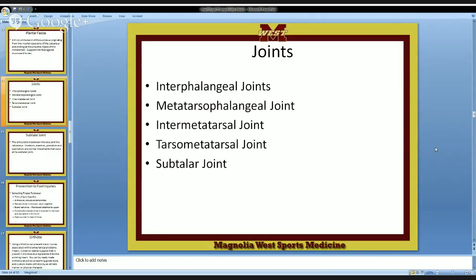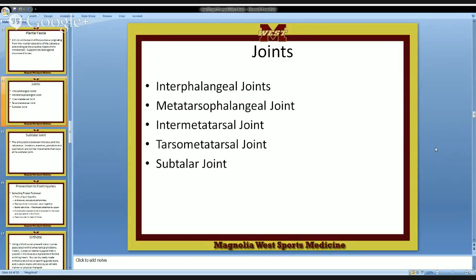Proximal. So your proximal interphalangeal joint, or they call it what? I just told you what this one was, right? Yeah, it's DIP and PIP. Cool.